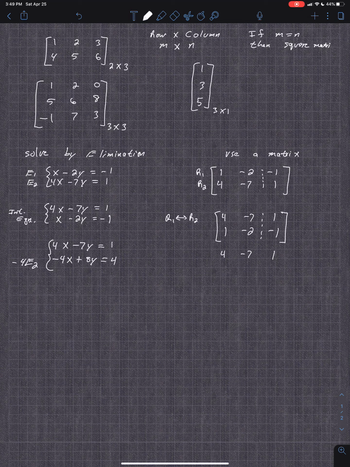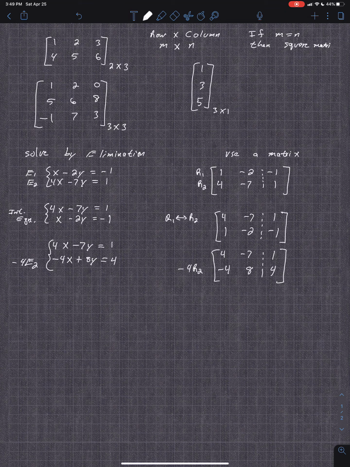And then we'll say -4 row 2. So you multiply row 2 by -4, and you get -4, 8, and 4.